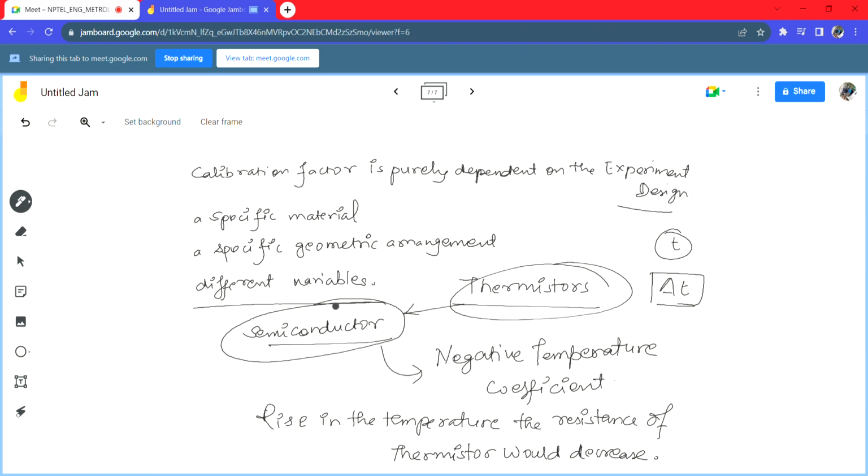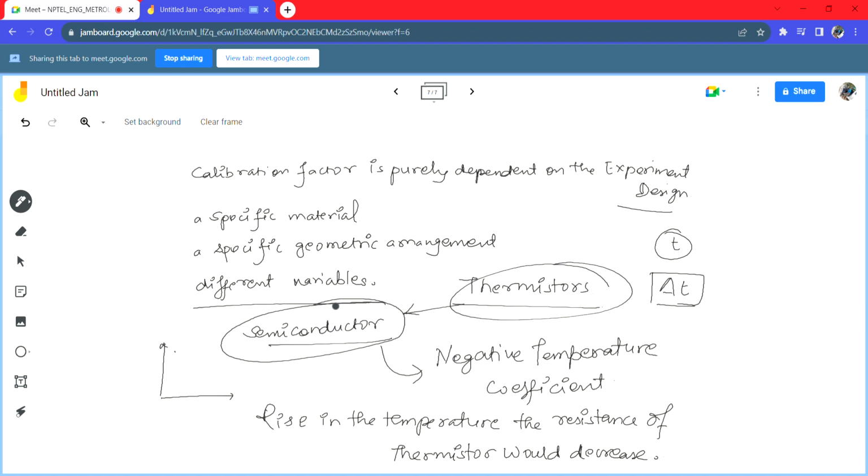So for the semiconductor thermistor, the kind of graph we get here is the negative coefficient graph, that the slope would be negative.